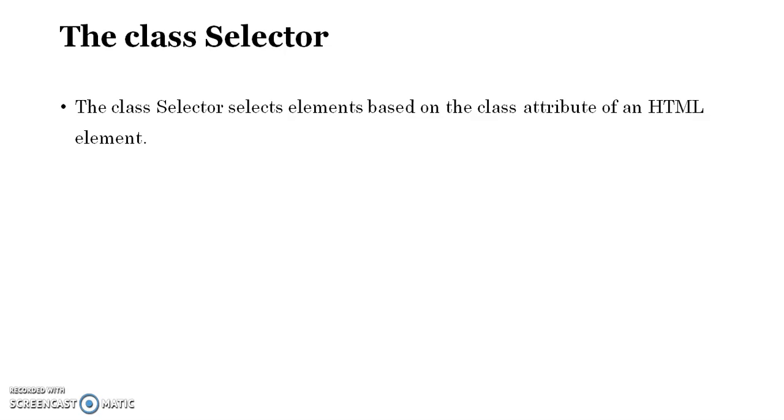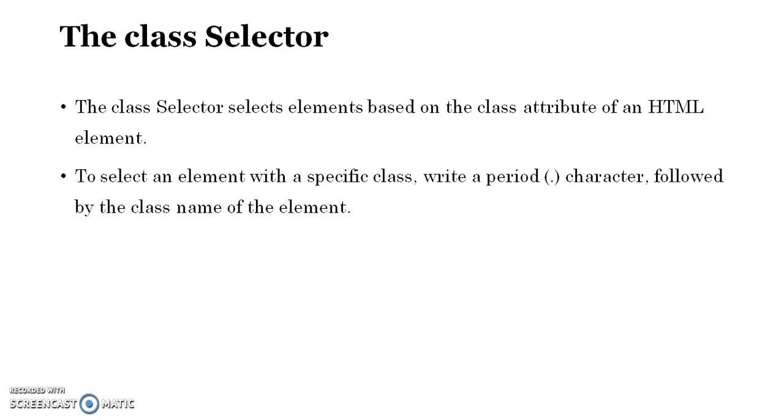That means if your web page has one h1 element and another, say, paragraph element, you can use the same class name for both of these elements. You can use that same class name for your paragraph, or for your bulleted list or numbered list. You can do that. It is not unique in nature.